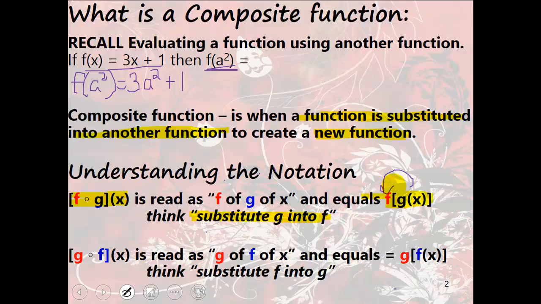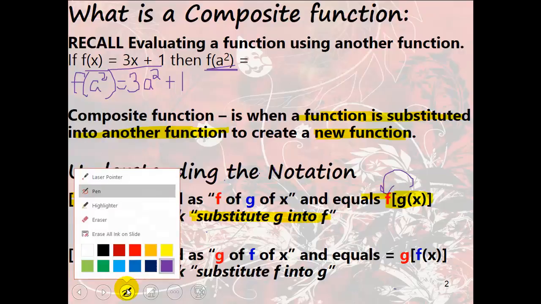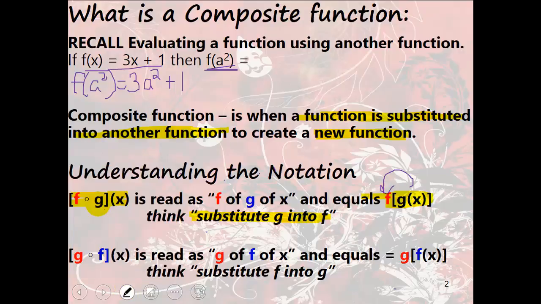The other way we can read this and set up problems is to go the other way, which is g of f of x. It's read g of f of x.